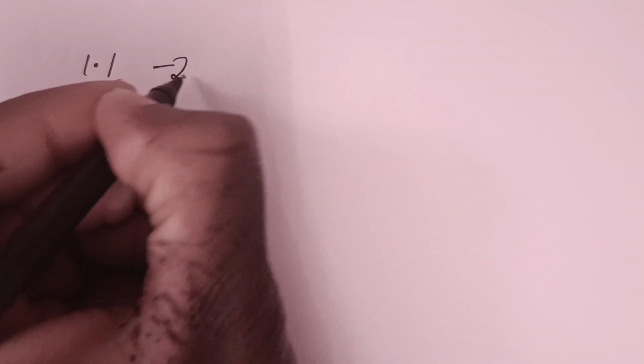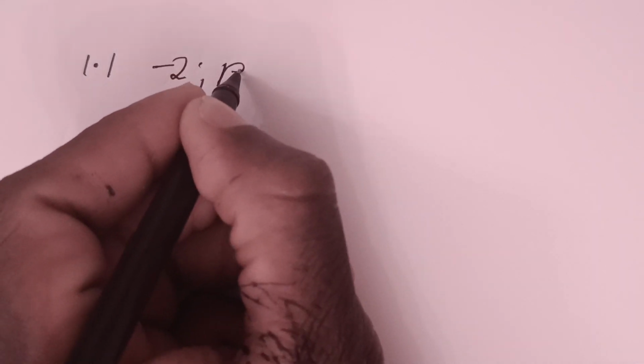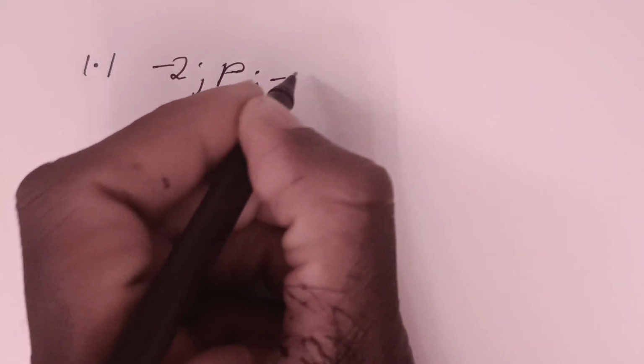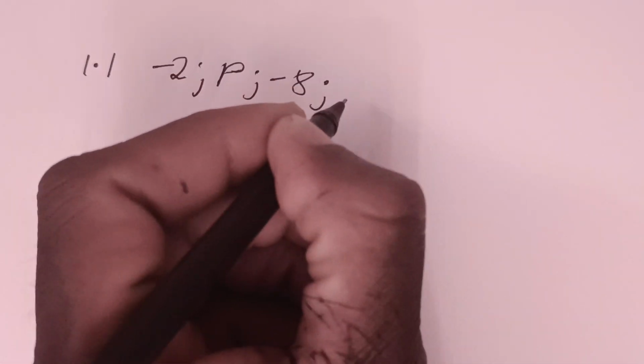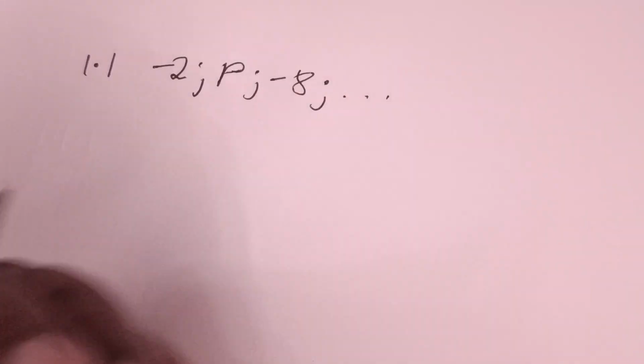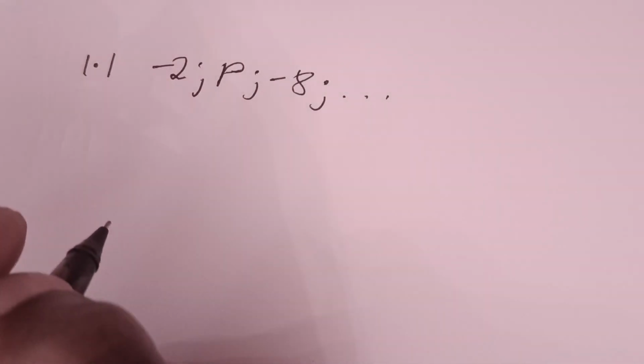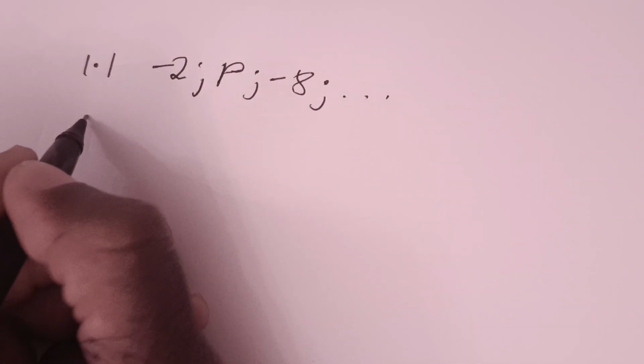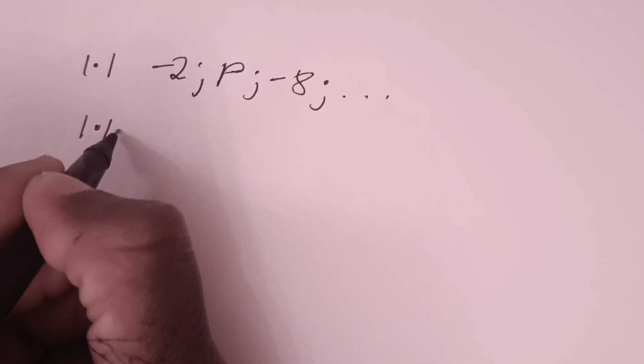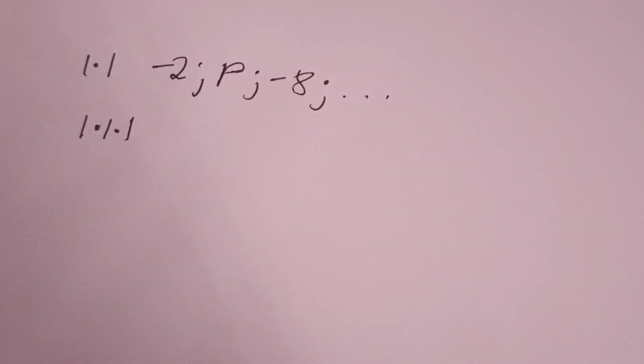Now, we're at 1.1, and the sequence, remember, is -2, p, -8, and so forth. How do you know that a sequence is arithmetic? It's when the first difference is common.